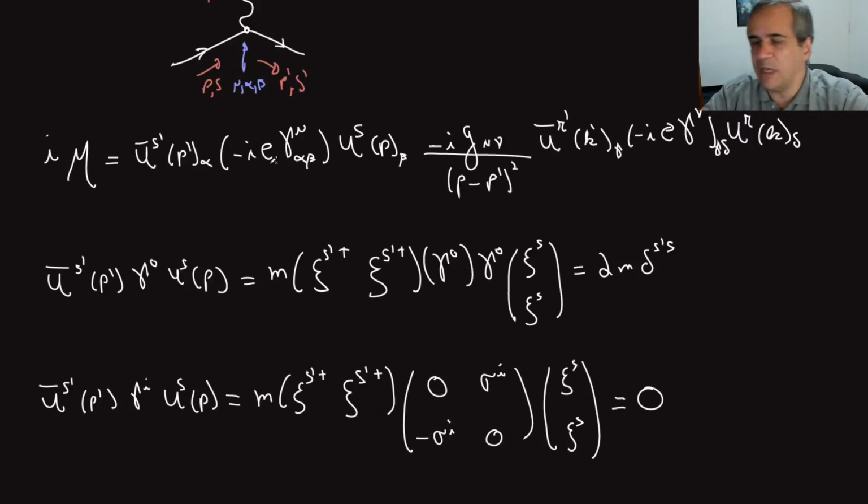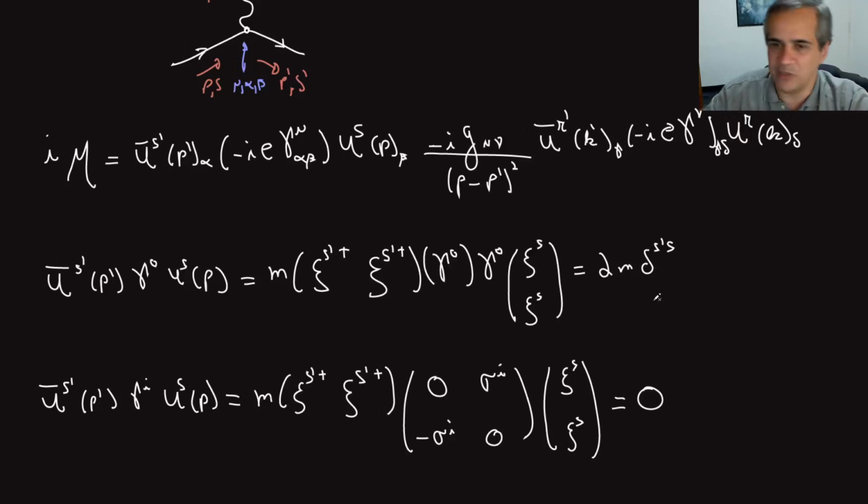So really only gamma 0 contributes. Notice that this is summed over all gammas, because it's summed with this g mu nu here. Same here, but only the zero component of this contributes, and it contributes just like before.